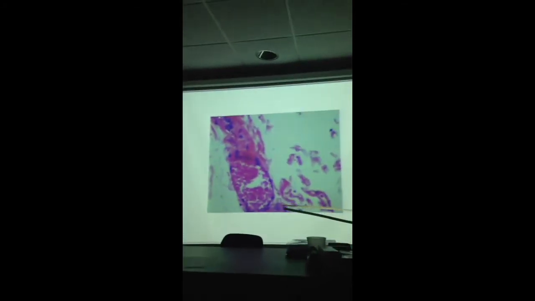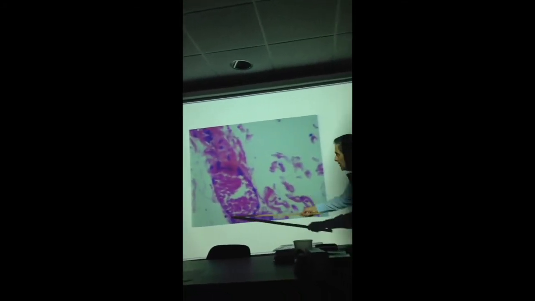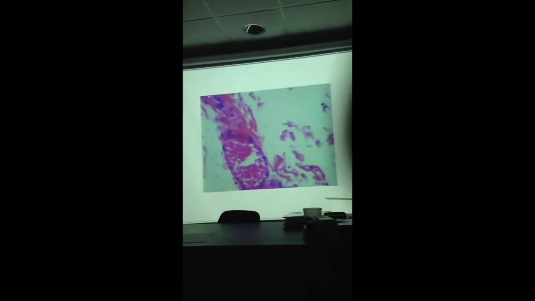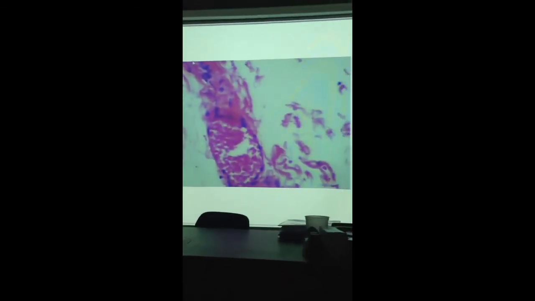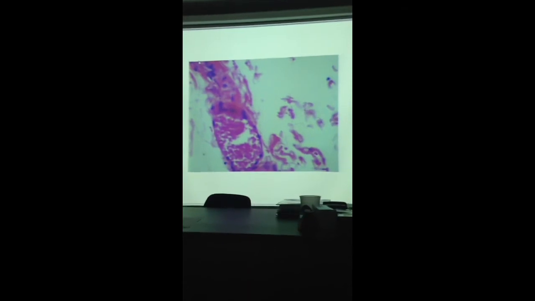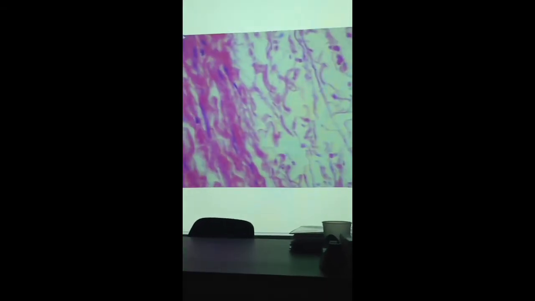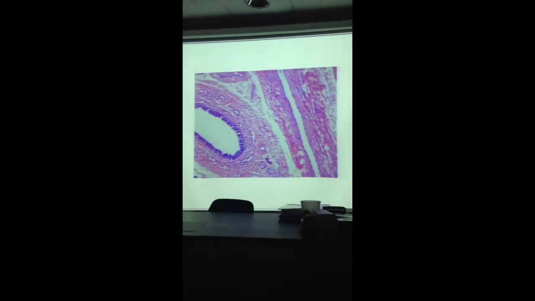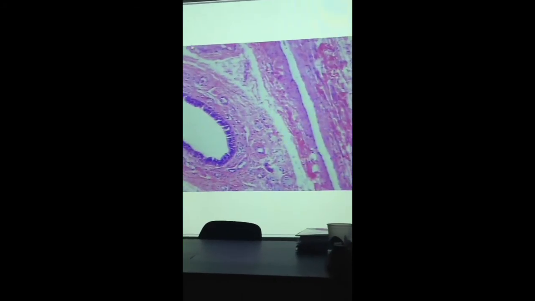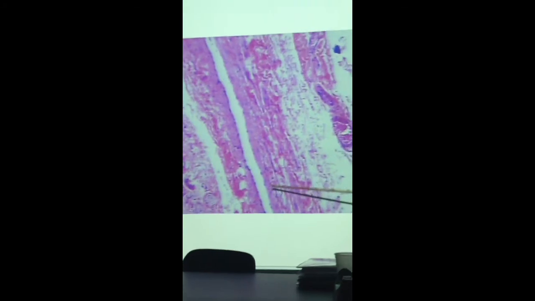Now here's a blood vessel. It's hard to tell, but you can see it's got flattened nuclei here, which is the tunica intima, a simple squamous lining. Okay, here again we've got a couple of tubes. We've got one right here.